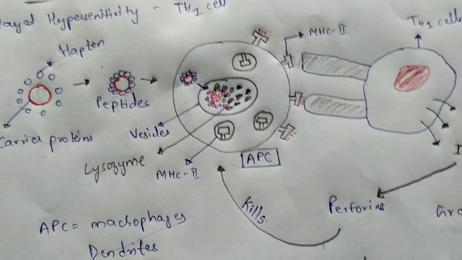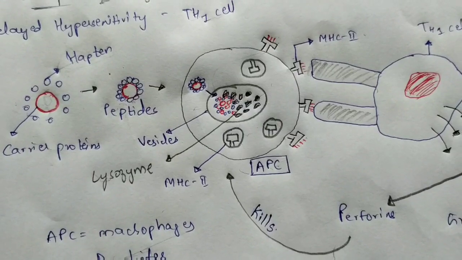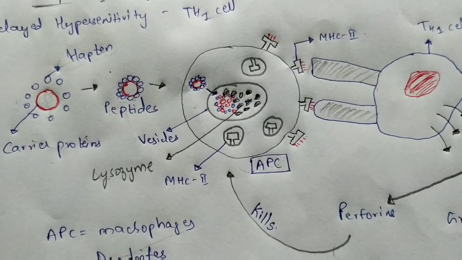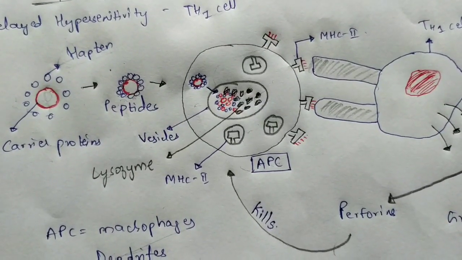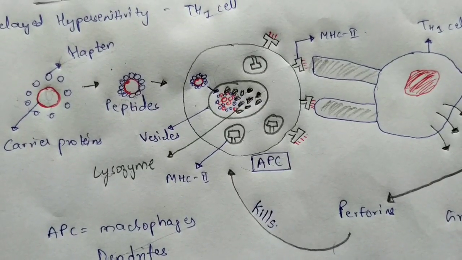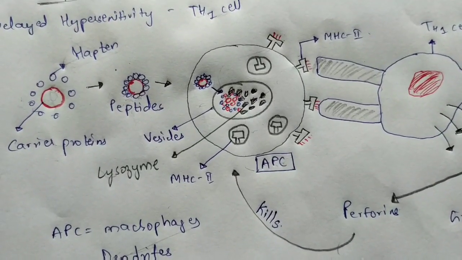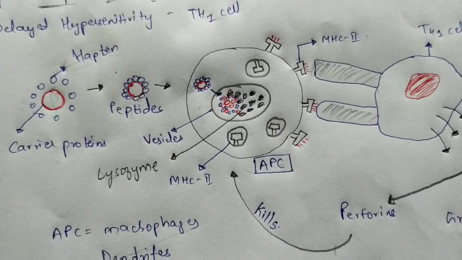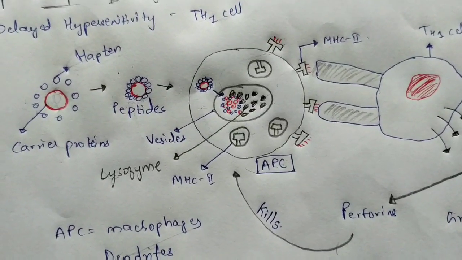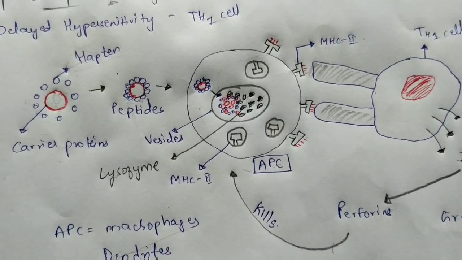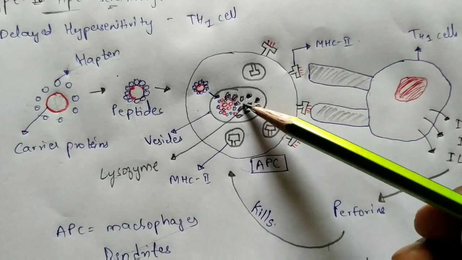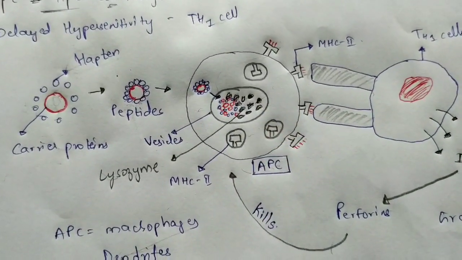Then the lysozyme enzyme will break these peptide linkages. That's nothing but when the peptide enters the vesicles, this lysozyme will break down those peptides. Due to that breakage, or the chopping of those peptides, the fragments will be released and come out of the vesicles.